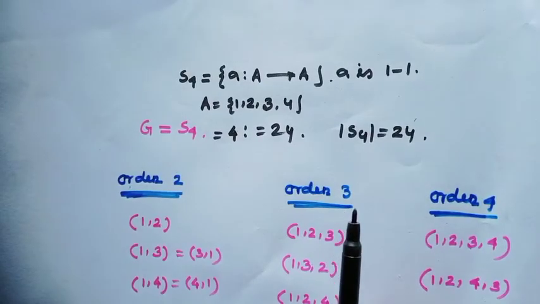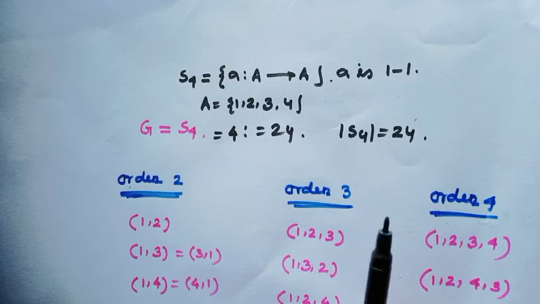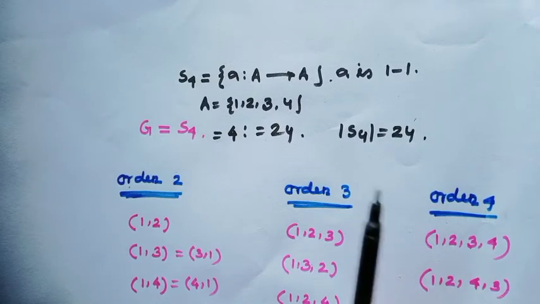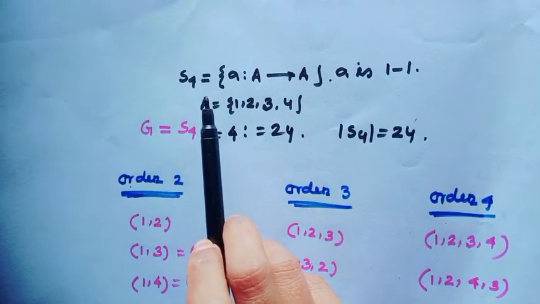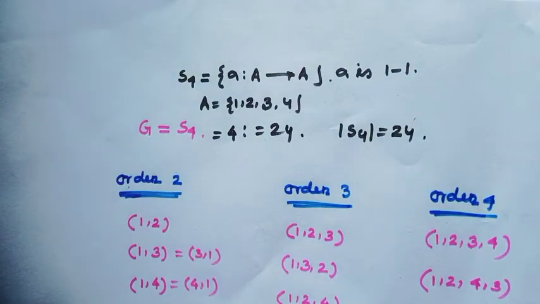before discussing Lagrange's theorem, at first I will discuss the permutation group. Just recall, the symmetric group Sn is the group of all permutations of n elements 1, 2, 3 up to n. Here I will discuss only S4 because I have discussed S1, S2 and S3 in my previous video.